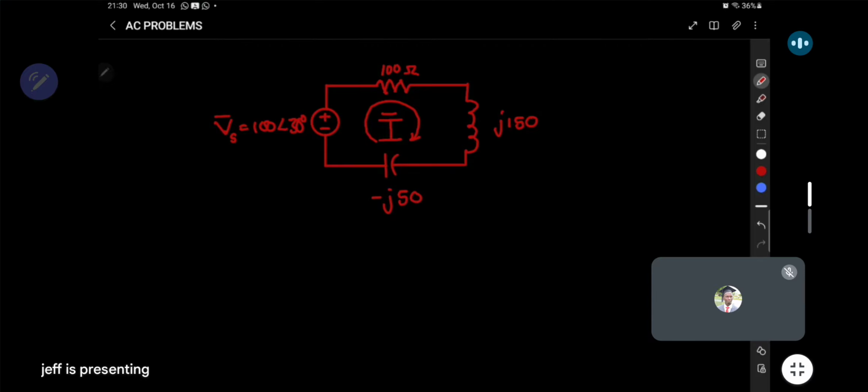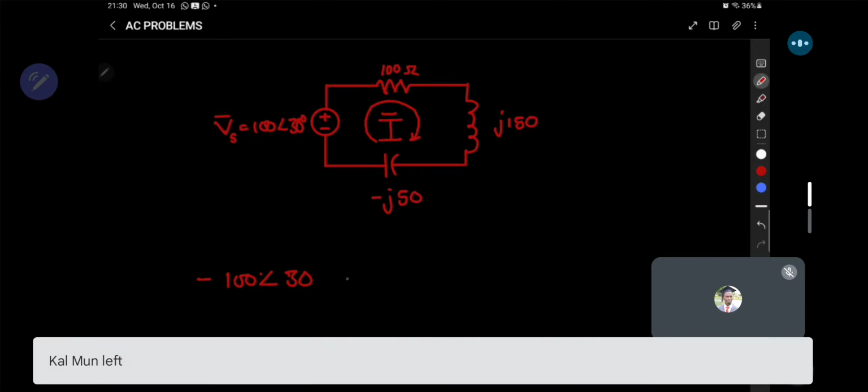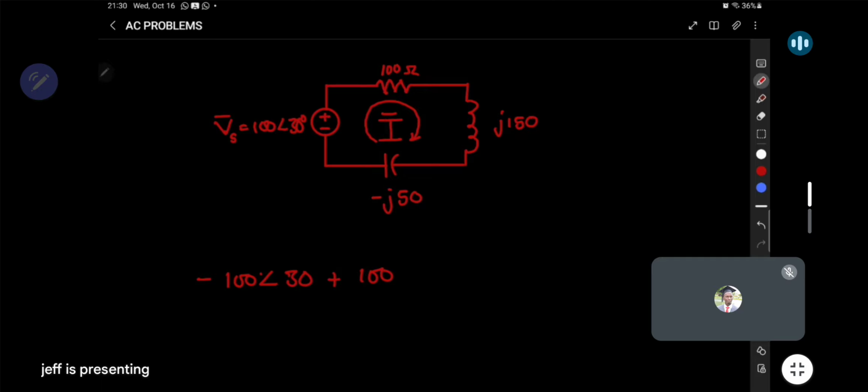From the voltage law, the sum of the voltages around the closed loop must be equal to 0. These are all circuit elements like resistors, so to say. When I find the power supply there, I have minus first, so I have 100 phase 30. Then plus 100 ohms, but this is resistance, so I'll multiply it with the current passing through it. So phasor current I is what I'm dealing with, so that I get the corresponding voltage drop here.